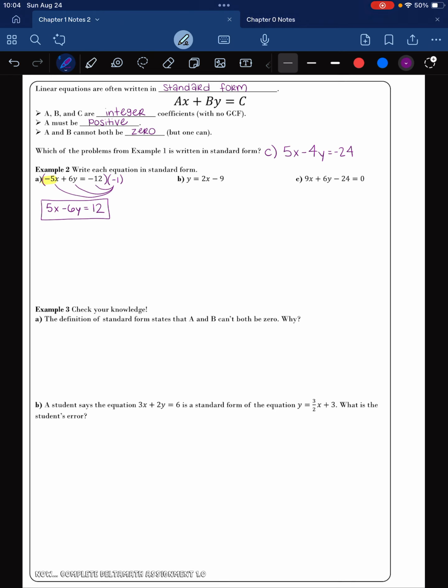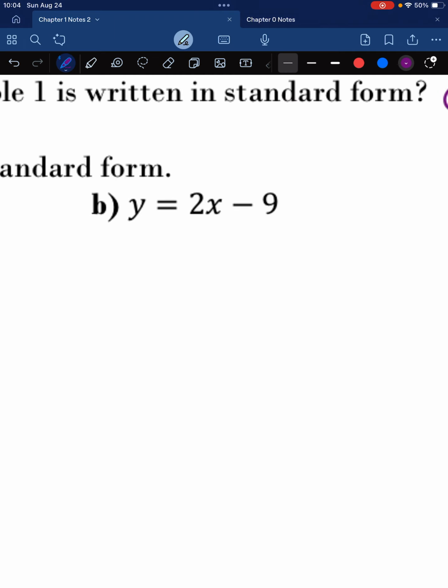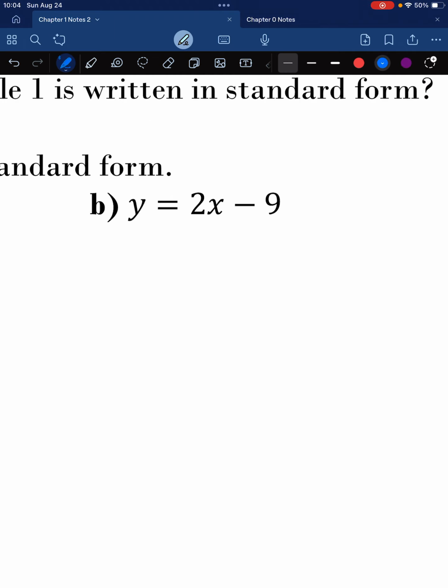Okay, B. So we need x and y on the same side of the equation for standard form. So I'm going to go ahead and start by subtracting 2x. The x one has to go first, so I'm going to rewrite it in this order.